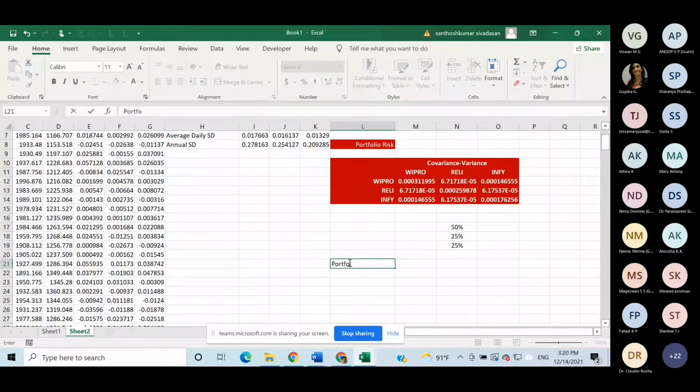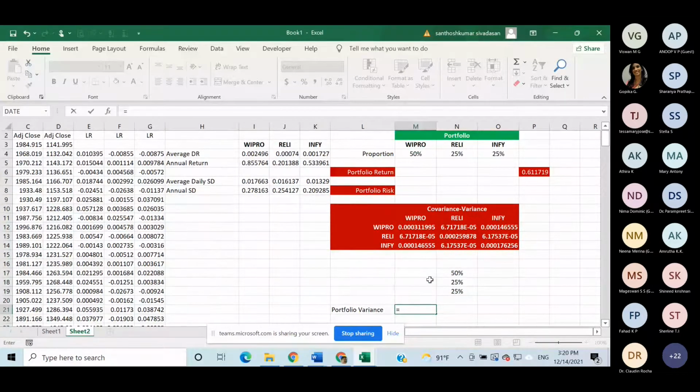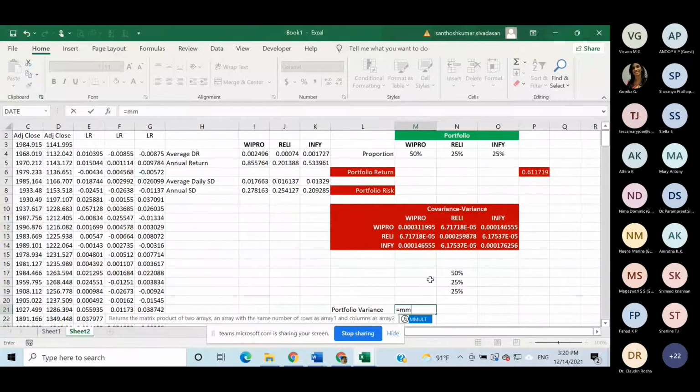Portfolio variance is equal to, we are going to multiply the matrices. You see which matrices we are going to multiply. We are choosing an Excel function, MMULT, matrix multiplication. It is very easy if you have this data with you.